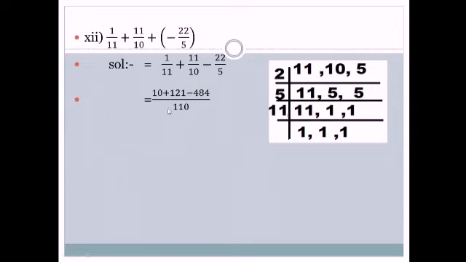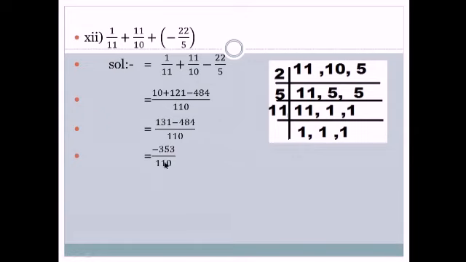Now according to the rule, first we do addition, so we add 121 with 10, we get 131. So 131 minus 484. Again, one number is positive, one number is negative. So we subtract them and put the sign of the greater number. So from 484, in rough work, we subtract 131 and we get 353.